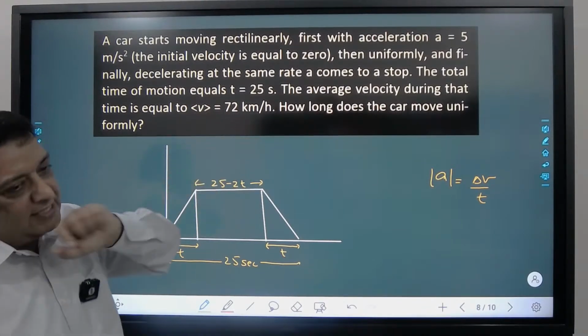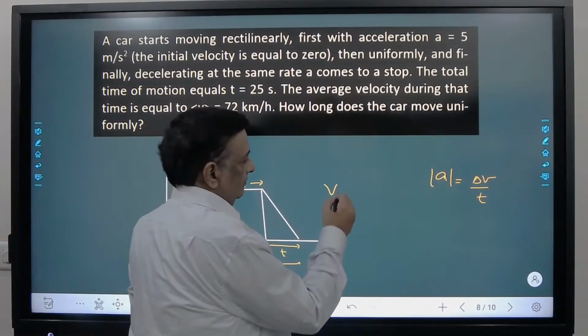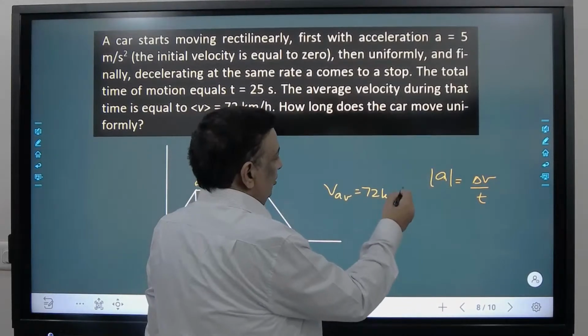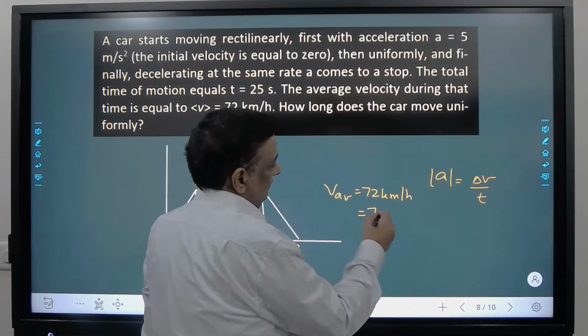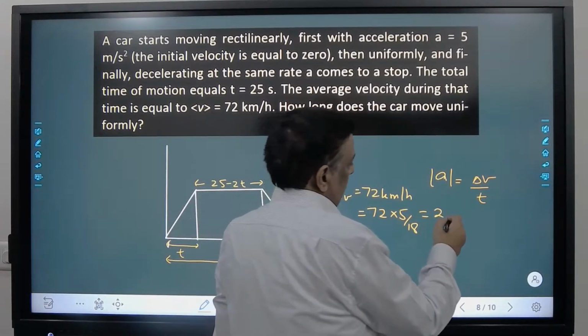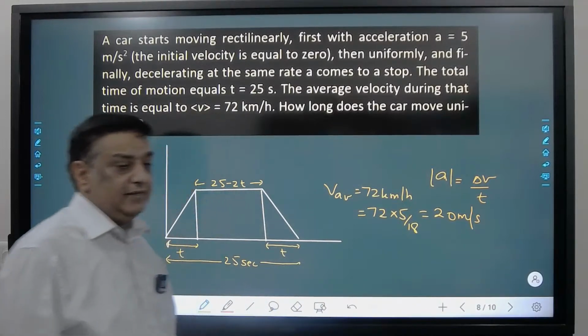Average velocity is 72 km per hour. 72 km per hour means it's 20 meter per second.